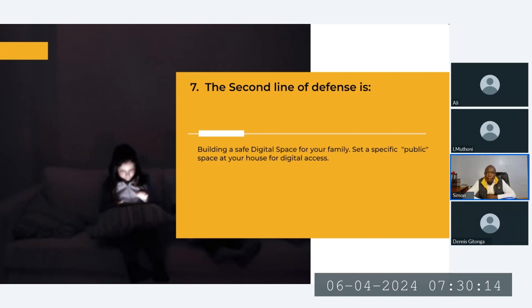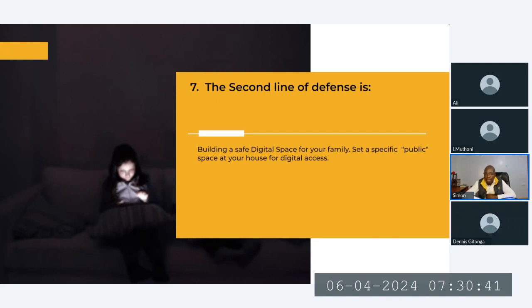So the second is to build a safe digital space for your family. And one way to do this is to set a specific public space at your house for digital access. This could be a table that has a laptop or a digital device that has internet, but it's in a very public space. It could be in the sitting room, it could be in the library, it could be anywhere.